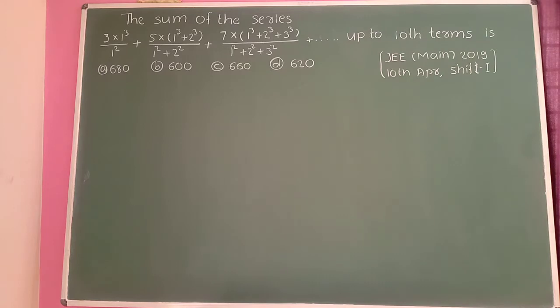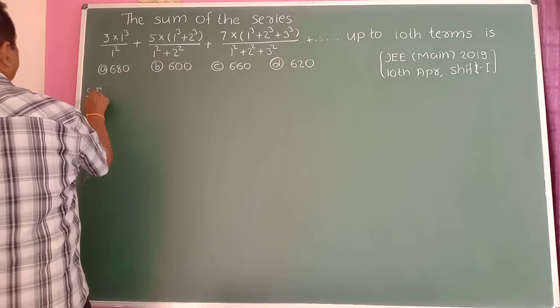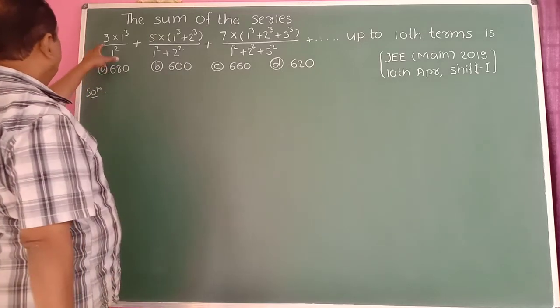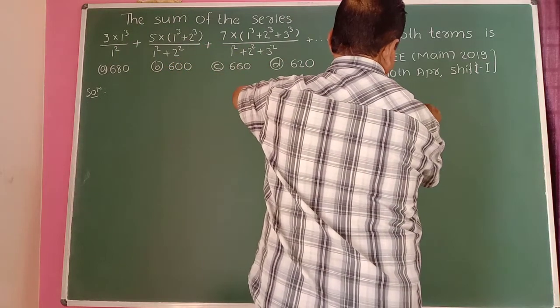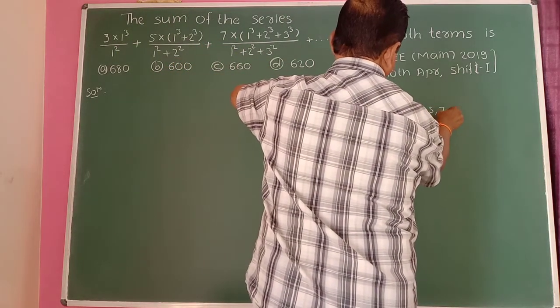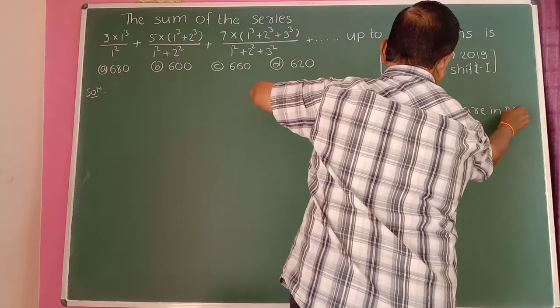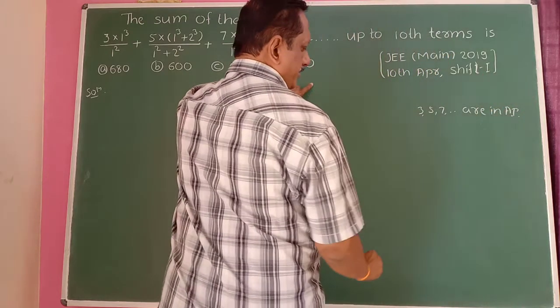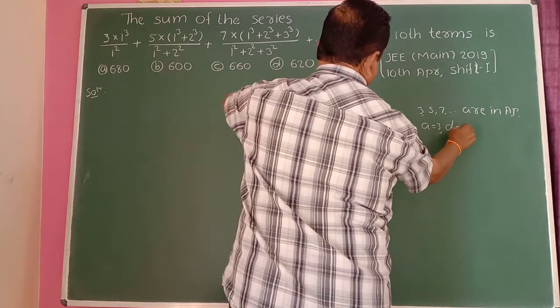So even this is also a similar type of problem. Sum of the series here. You just observe that 3, 5, 7 and so on are in AP. Therefore, the first term is 3 and the common difference is 2.